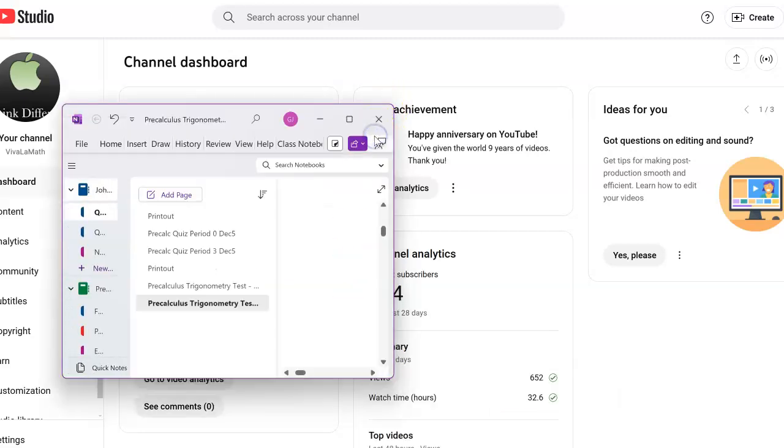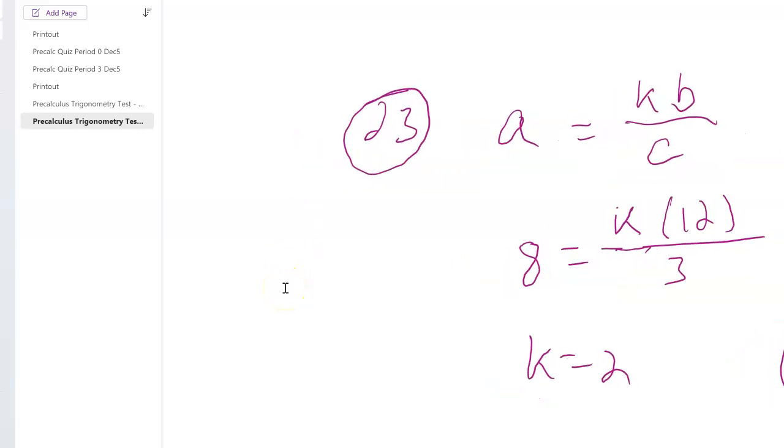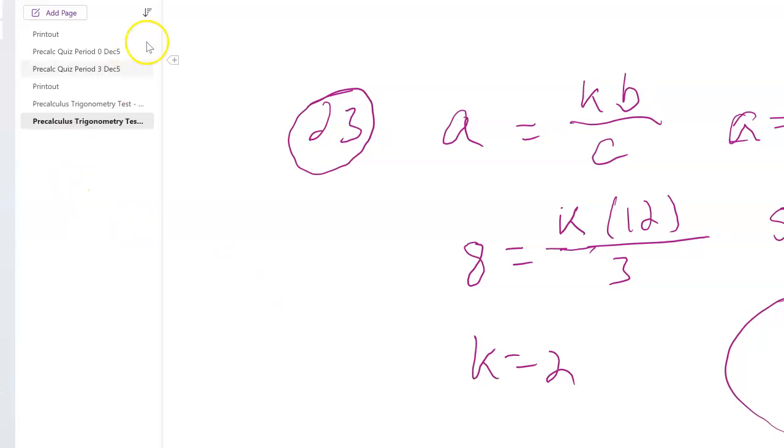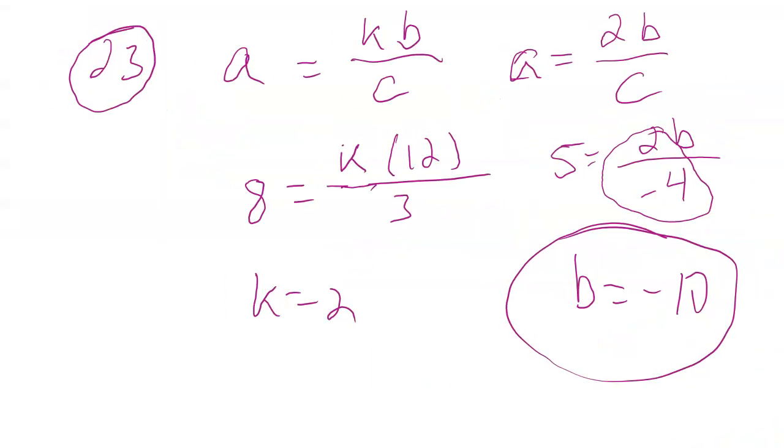Today we are looking at the MidChapter quiz. Okay, here we go.